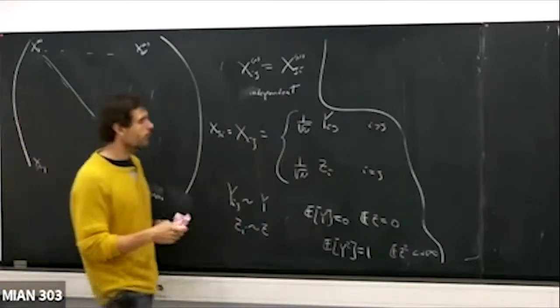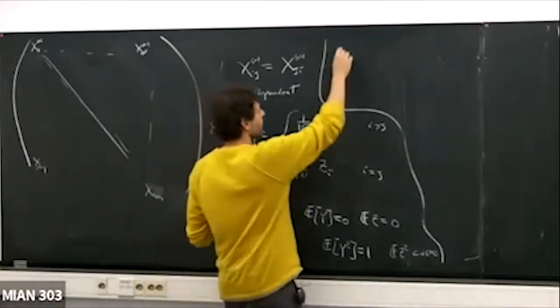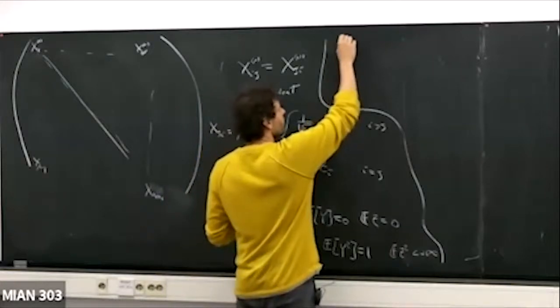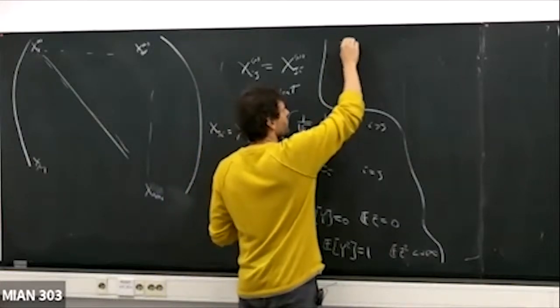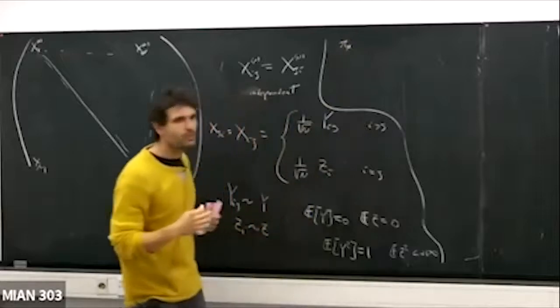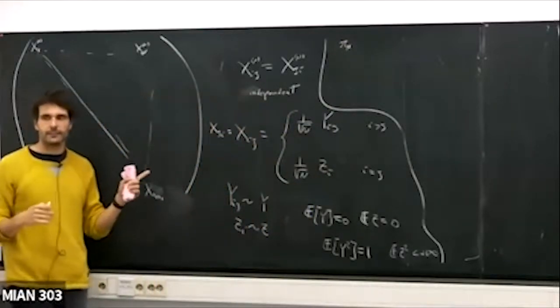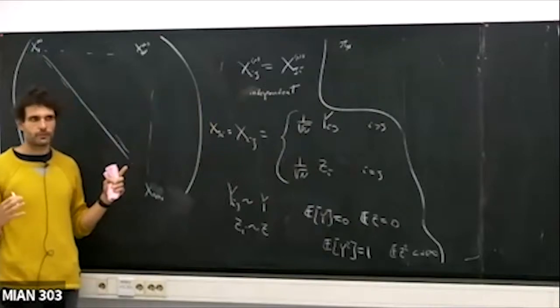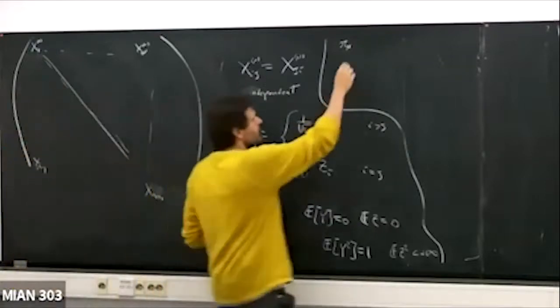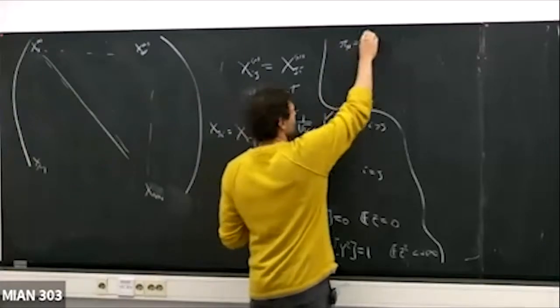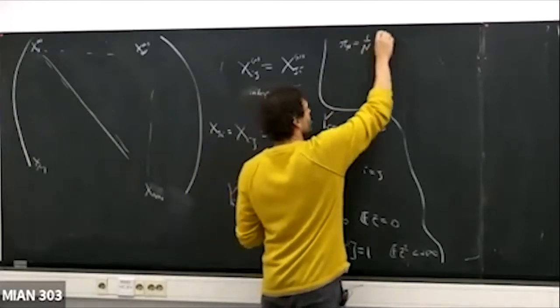So I will look at the following object, which is random, okay? Given n, I will look at what's called the spectral measure. If you know what a spectral measure is for an operator on a Hilbert space, it's not exactly this, because there are projectors also. But okay, to be really precise, it's just the bare spectral measure.